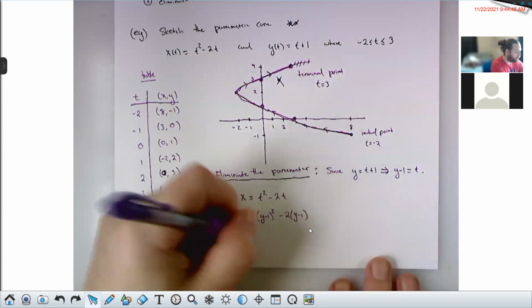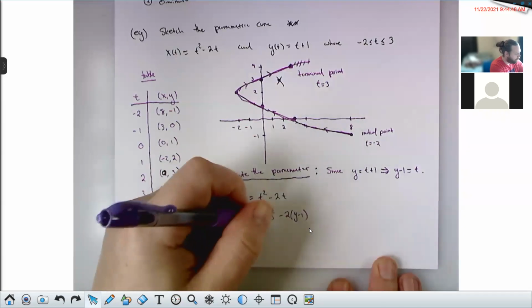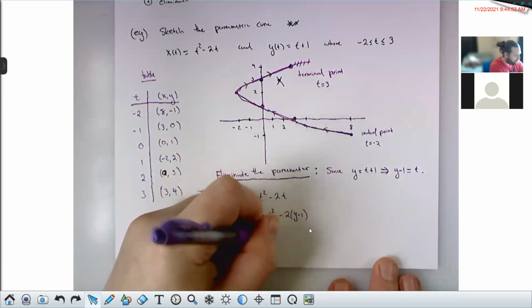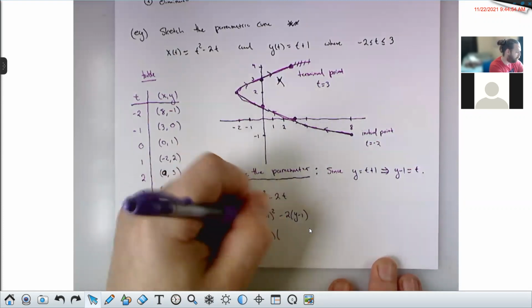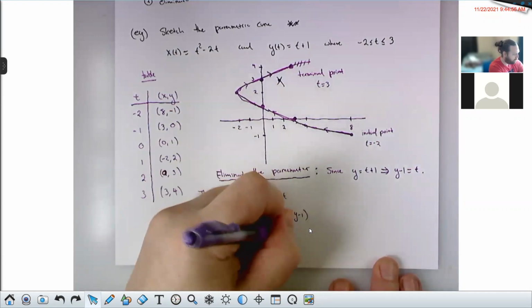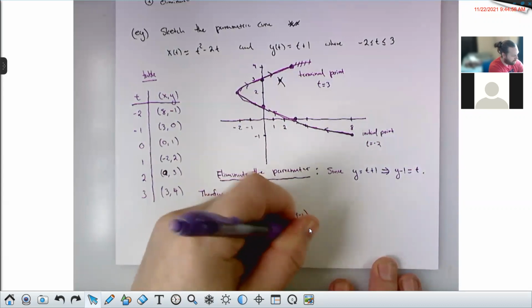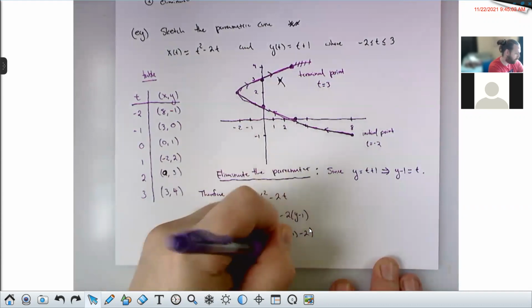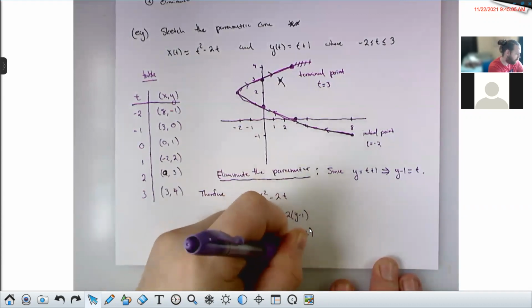If we want to see exactly what it is, we could factor a y minus 1 out. And what would be left here is y minus 1 minus 2. So this is y minus 1 times y minus 3.